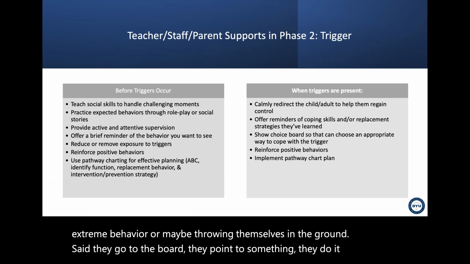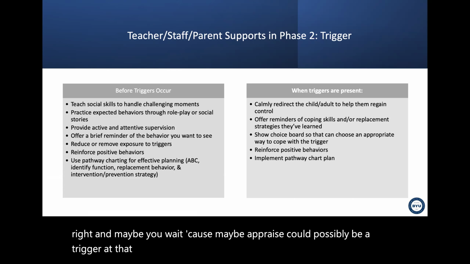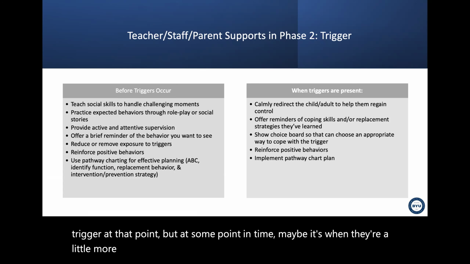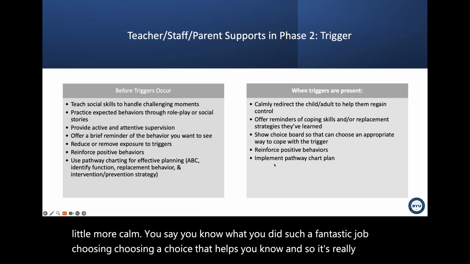You praise, right? And maybe you wait, because maybe praise could possibly be a trigger at that point. But at some point, maybe when they're a little more calm, you say, you know what, you did such a fantastic job choosing a choice that helps you. And so it's really great to do that.